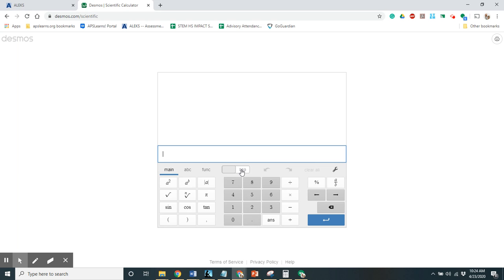So I can type in tan of 35 and that gives us 0.700 rounded to the thousandths place.